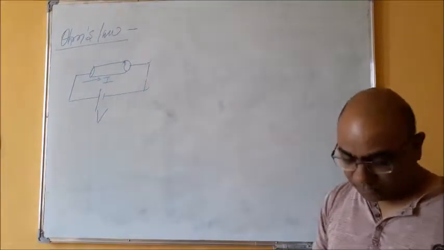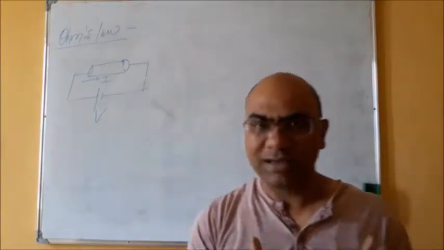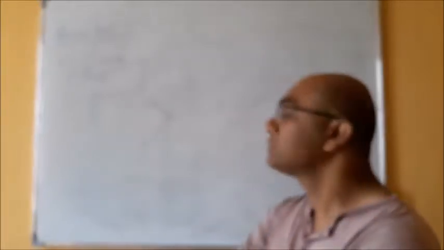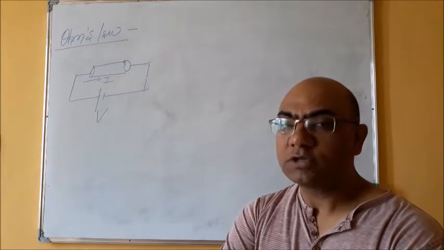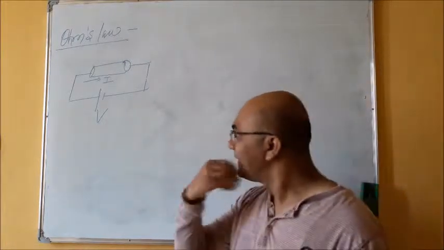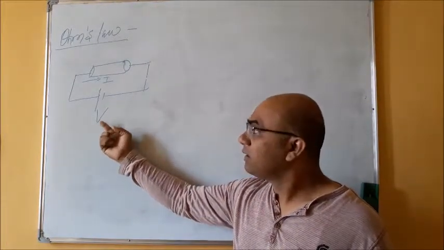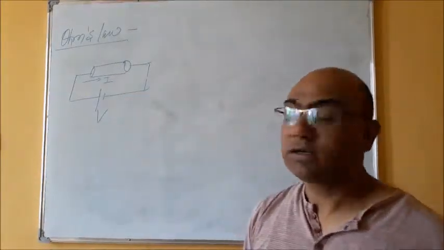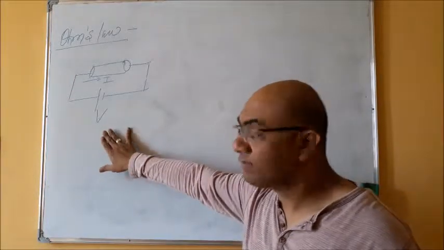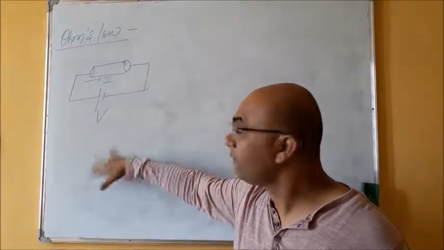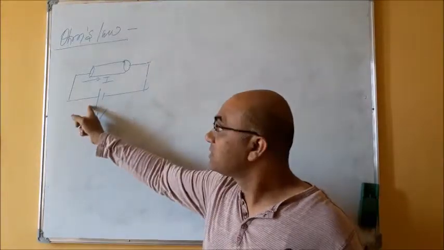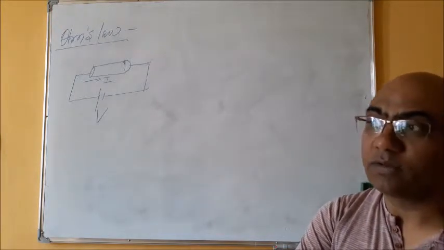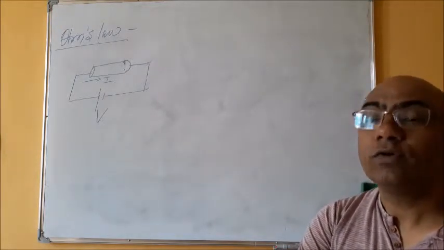Okay, so according to Ohm's law, Ohm is the name of a physicist who gave this law, and hence this law is known as Ohm's law. We have seen that when we give a voltage source to any conductor, we are providing some electric field, and charges flow from the source to the conductor, and hence the current starts to flow in this conductor.